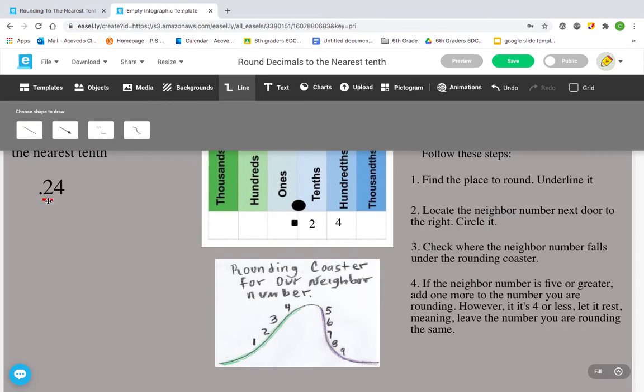Then I look at my next step, which is locate the neighbor number next door to the right and circle it.